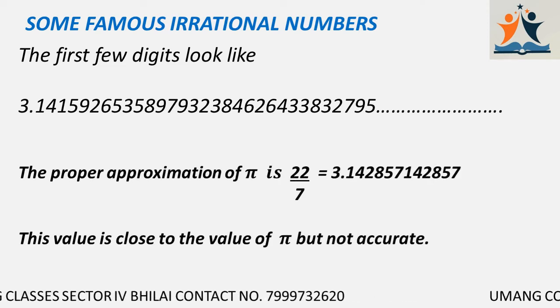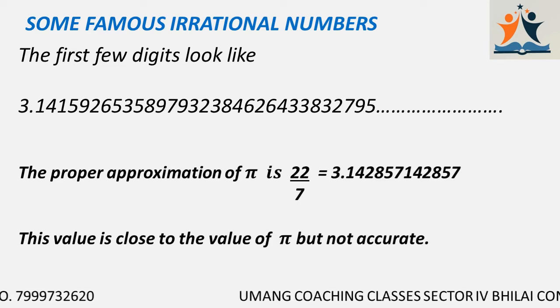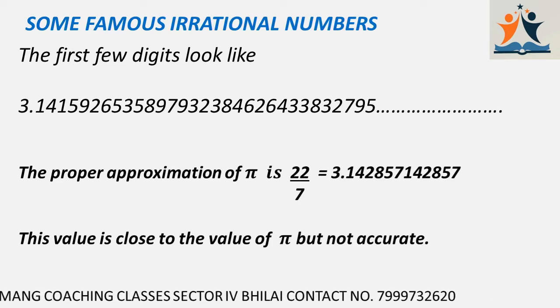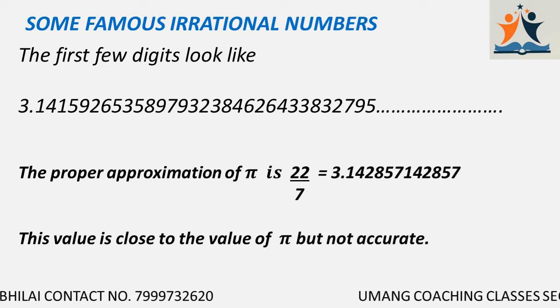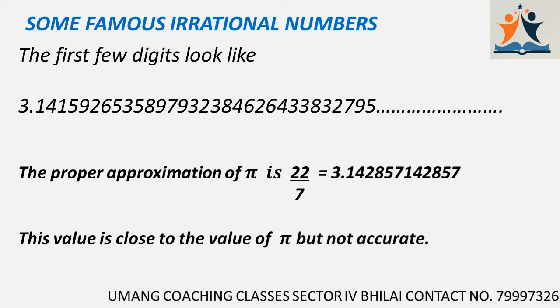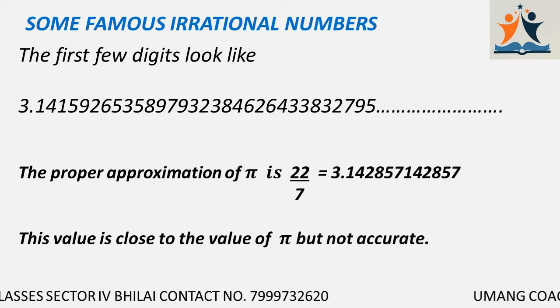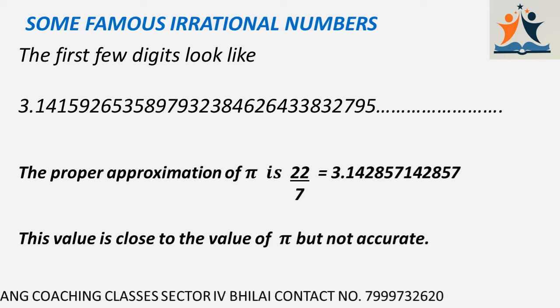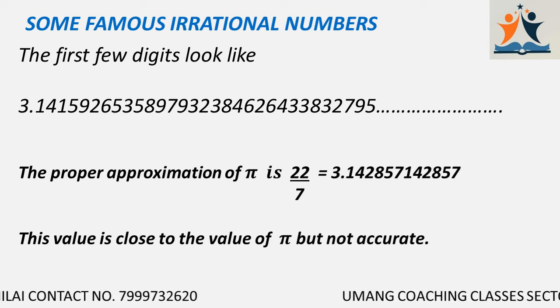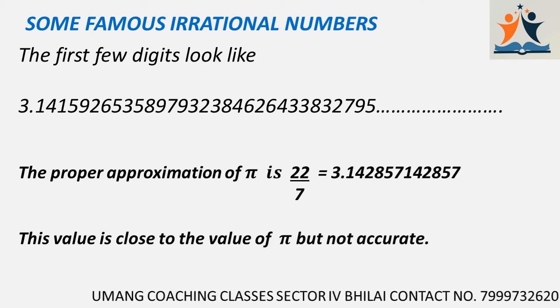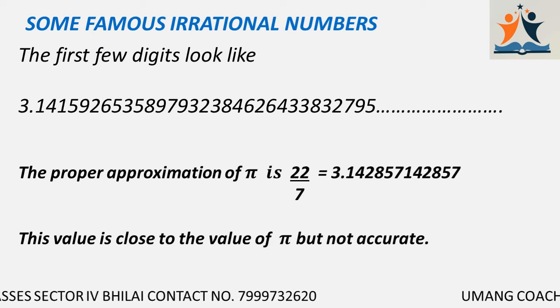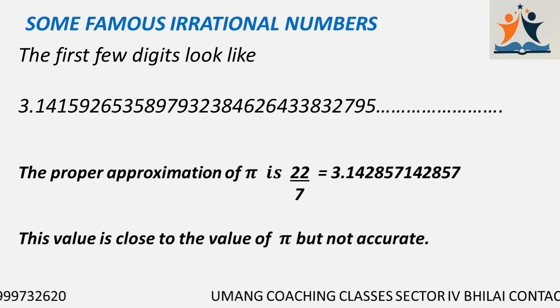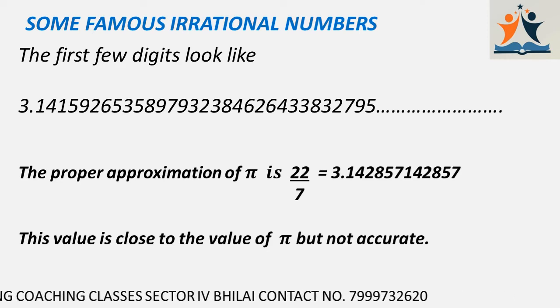So when we see pi, you may be thinking that this pi can be written as 22 by 7. We have studied that in our books. So let me clear you that the proper approximation of pi is 22 by 7. Okay, the proper approximation, not the value. The approximation of pi is 22 by 7.